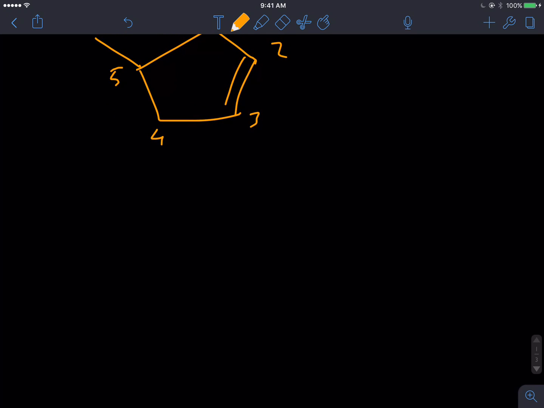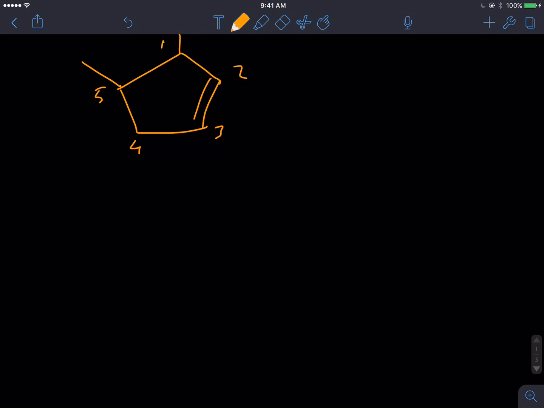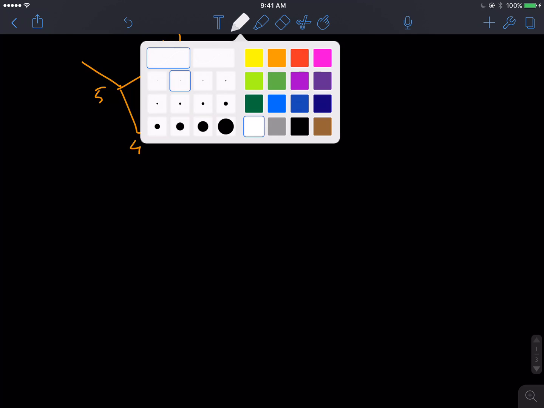Okay, I think that should be good for nomenclature. Let's go to one more important topic. What if they give you a chair conformation and want you to flip it and compare which one is the more stable one? Let's go through one example.